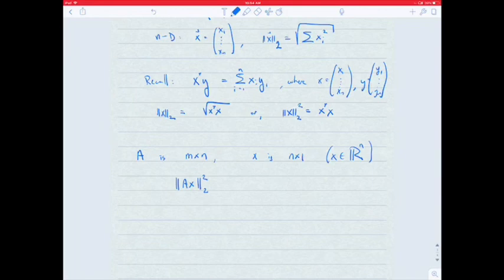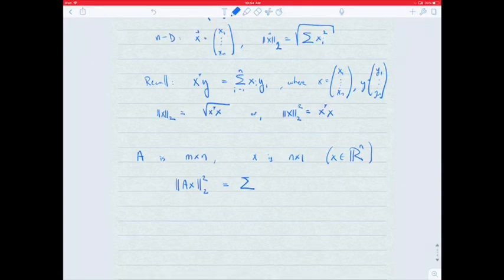And so this is going to be the sum of the entries of this m long vector, each squared. So this is the sum of the first entry squared. So what is the first entry of the vector Ax? This is where it's helpful to think about the two different ways of matrix vector multiplication that we discussed just a second ago. So let me scroll up so we can see that.